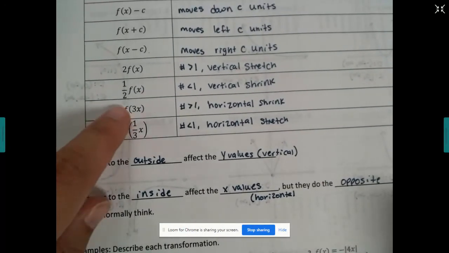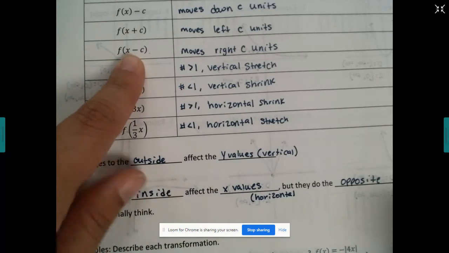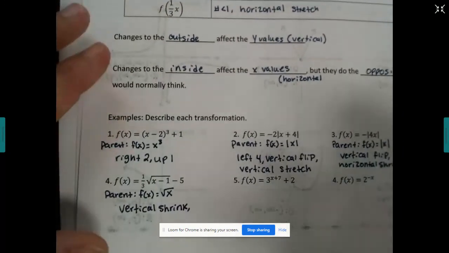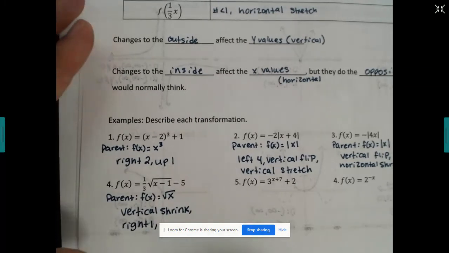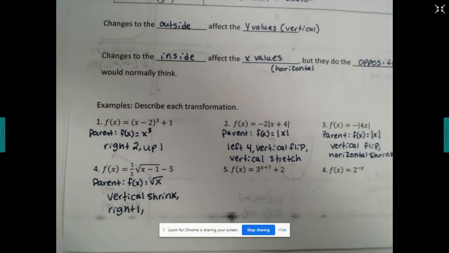So again, I find inside. Subtracting, so that one's moving to the right 1. And how about subtracting on the outside?